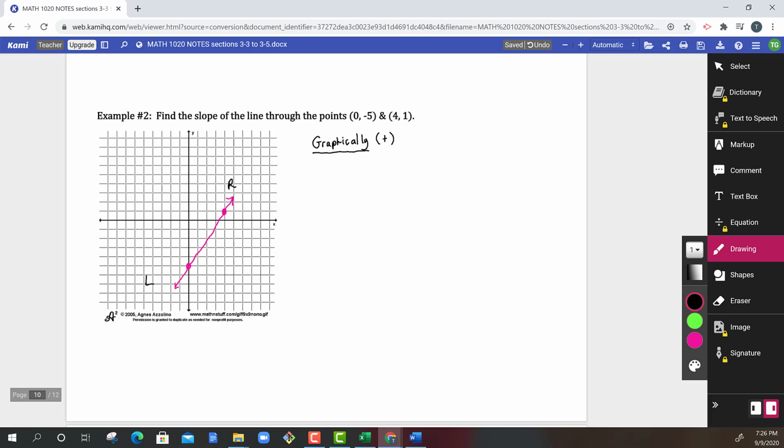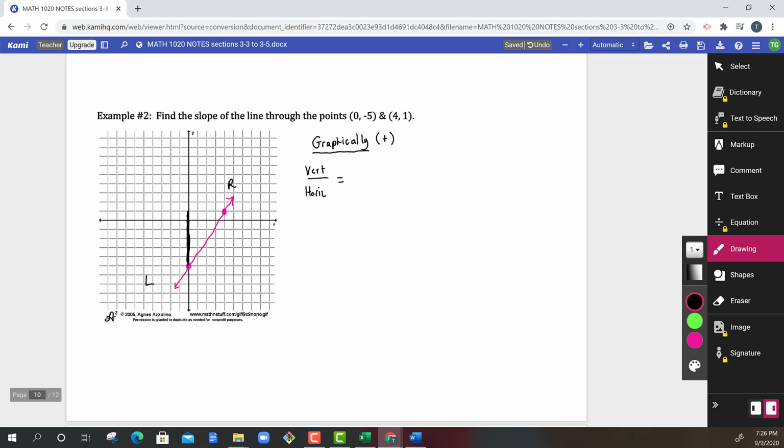So I always like to do rise first and then run second. So we're going to do vertical change over horizontal. Doesn't matter which one you do first. But for my vertical change, I'm going to go up from that point and stop when I get level with the other pink dot. And then count my squares. I'm not going to count the first pink dot.